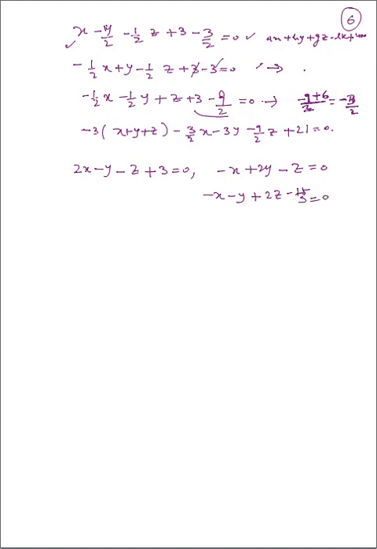This is the equation, so we take these two, and the fourth equation will give this. We divide the equation by 3, it becomes minus x plus y plus z, because it was k into lx plus my plus nz.